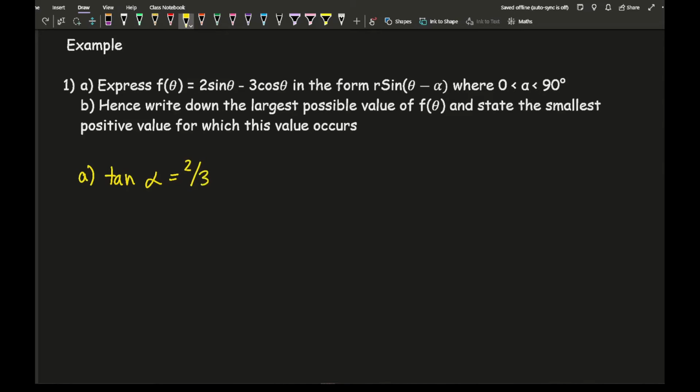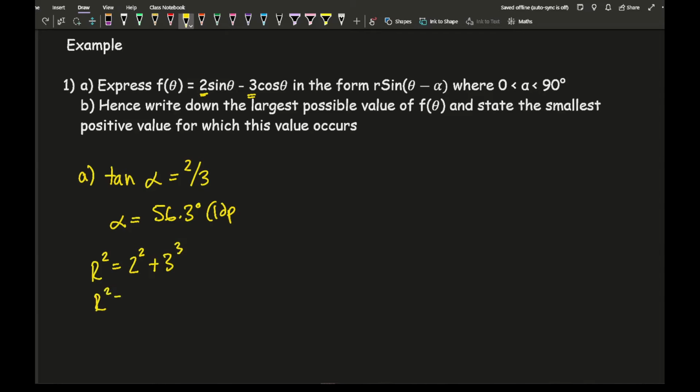We know that tan alpha is always going to be the sine coefficient over the cos coefficient. So here alpha is going to equal 56.3 degrees, to 1 decimal place. To find R, R squared is taking those two numbers squared and summing them, so 2 squared plus 3 squared.